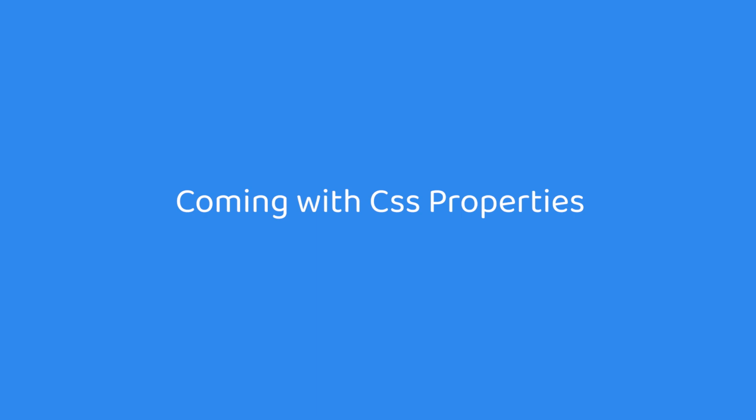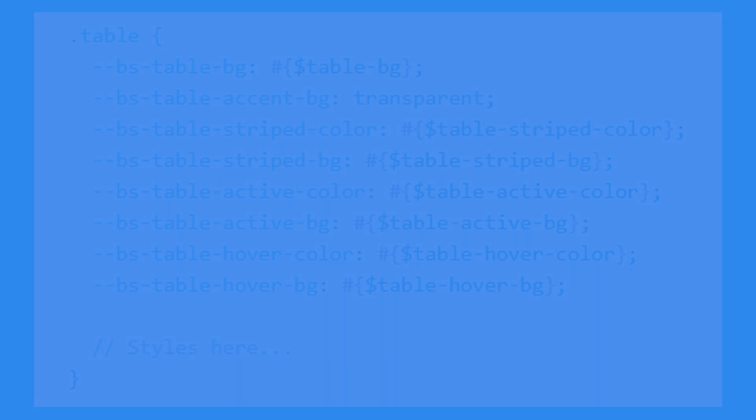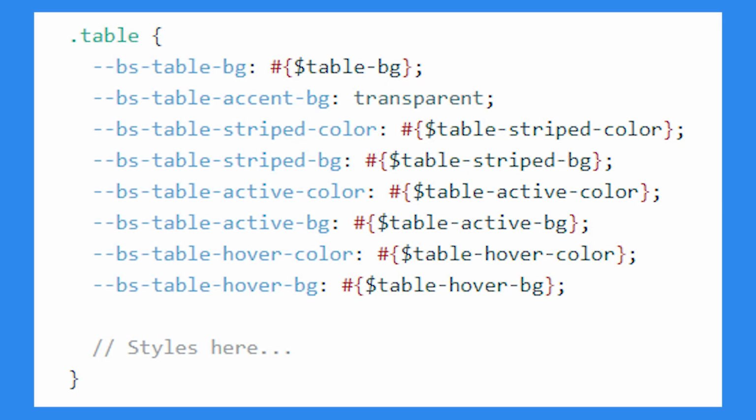Now in Bootstrap 5 alpha version, they have included some CSS custom properties for components and layouts. For example, look at this table component's CSS properties. As you can see here, now we can customize all these properties of a Bootstrap 5 table component.